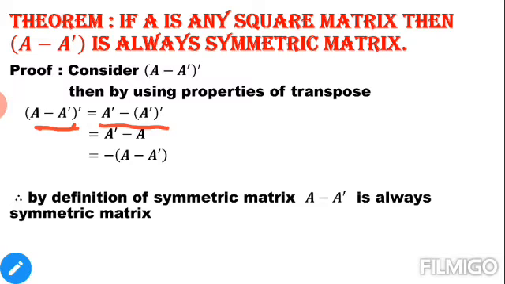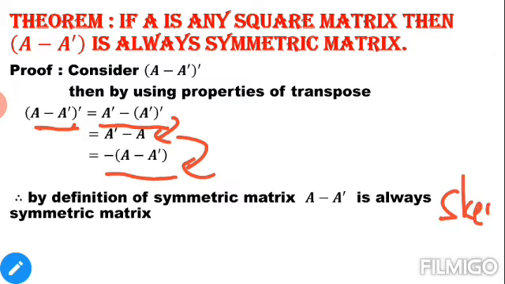Then in the second line, this is A transpose, and this one is going to become A. And if I take out the minus common from this second line, what I get is minus of A minus A transpose. So that's why I can say it is a skew symmetric matrix. By definition it is always a skew symmetric matrix. Okay, this way.